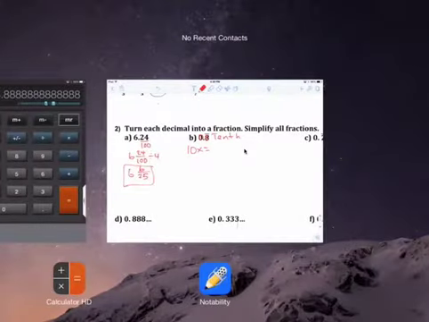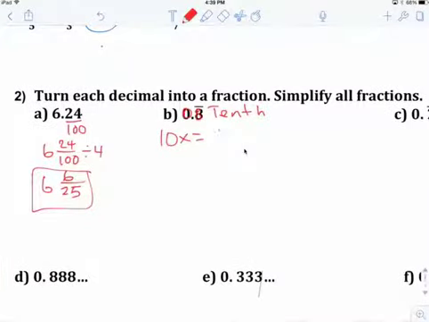If you don't know how to multiply that in your head, you get 8.888 repeating. We don't want all that 8.